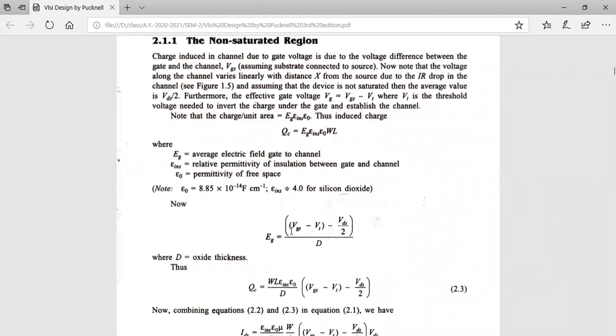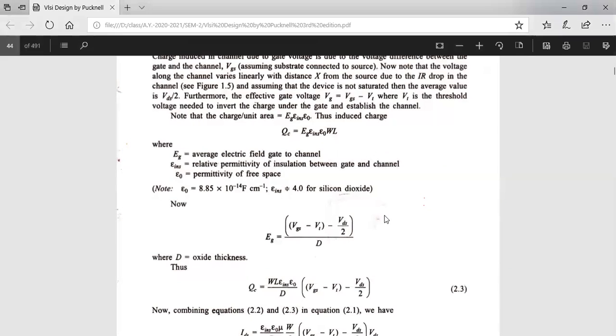Here VGS minus VT is the effective voltage of the gate, capital VG. So this VG is VGS minus VT minus VDS by 2. What is this VDS by 2? It is the average value.